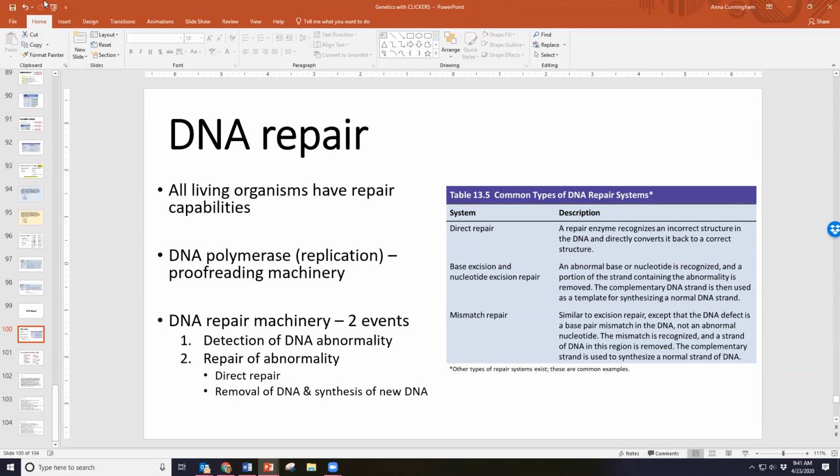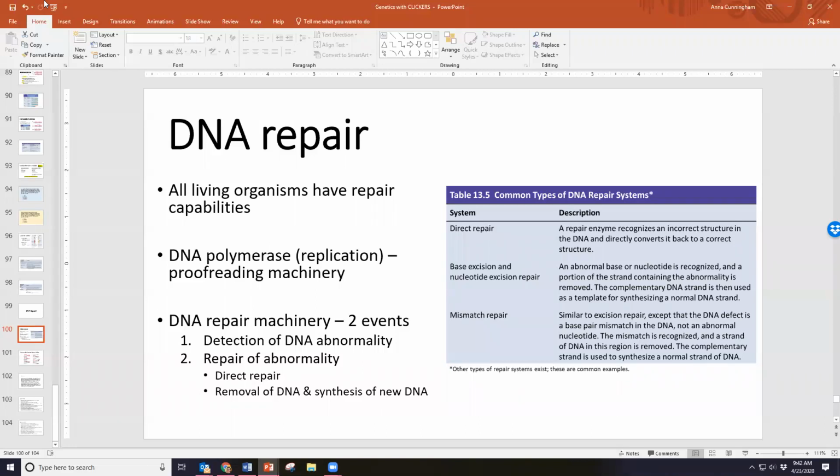You can have specific machinery that sees the wrong nucleotide. Base excision means it's cut out, and then it'll repair that removal.